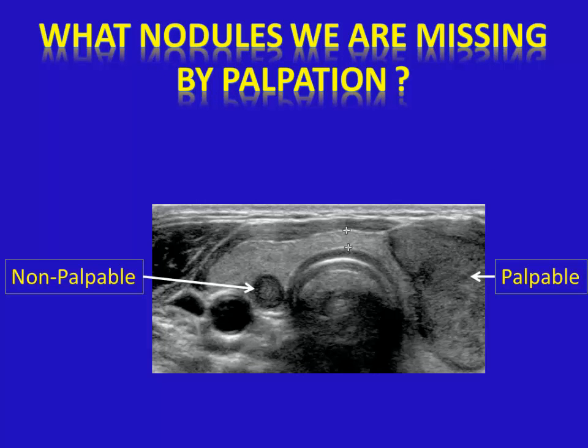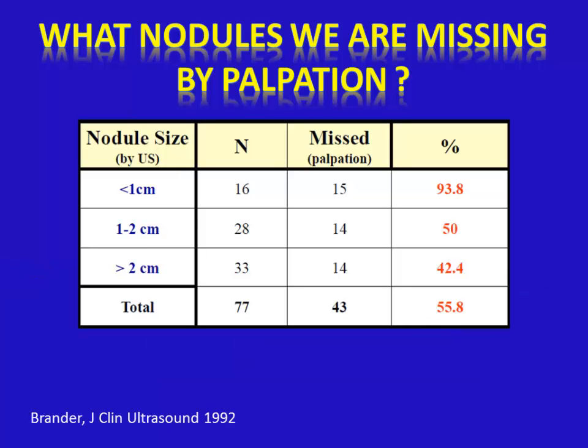We can miss them either due to their posterior location or to their small size. Like in this example, a small nodule located posteriorly, not causing any bulge on the anterior surface of the gland, so it will not be palpable. And this one, of course, will be palpated when you examine the patient. And as you see here, the smaller the size of the nodule, the higher the chance that it will be missed by palpation. For nodules less than 1 centimeter, there is a chance of about 94% that it will be missed.